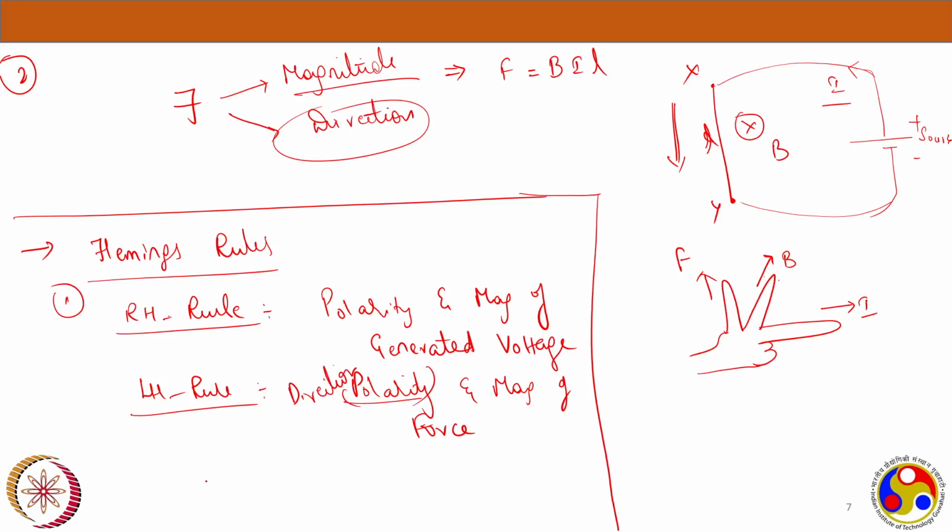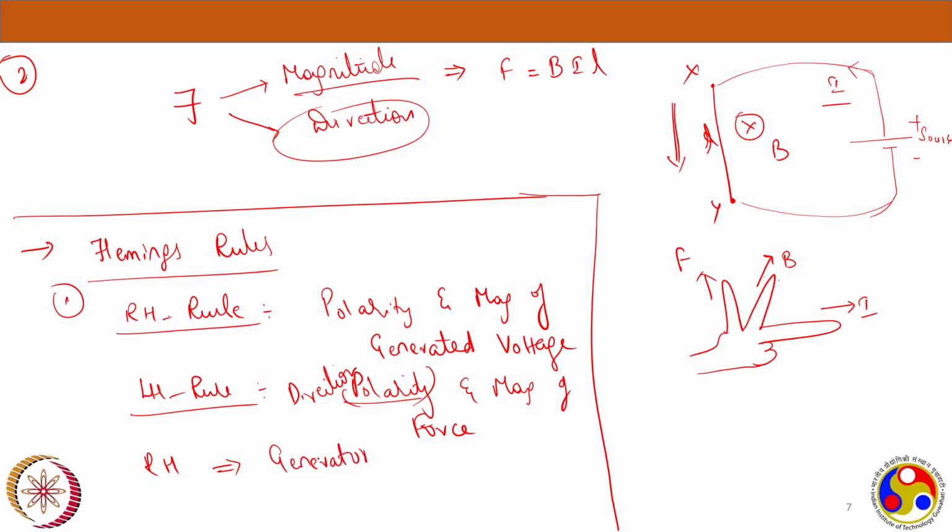Now can someone tell me which law relates to which machine? Which law is related to generator and which law is related to motor? Sir, right hand rule is related to generator, and the left hand rule is related to motor.